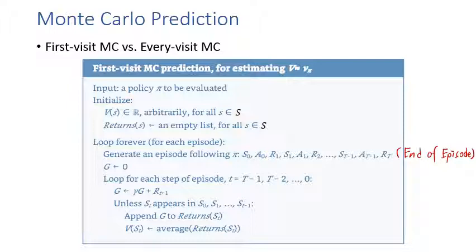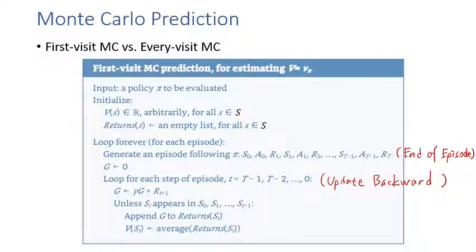Once we have the trajectory of state, action, reward, we update backward. So we look back from the last step and update our return.